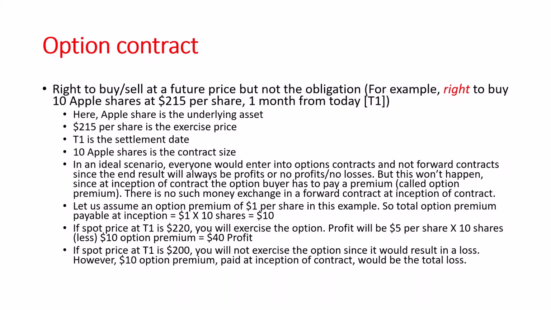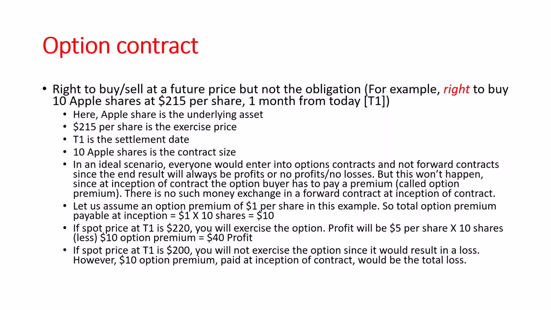But this won't happen, since at inception of contract, the option buyer has to pay a premium, which is called the option premium. There is no such money exchange in a forward contract at inception of contract. So in a forward, there is no exchange of money at the inception. At day one, there is no exchange of money. Whatever exchange of money happens, that happens on the expiration date, on the date of settlement of the contract.